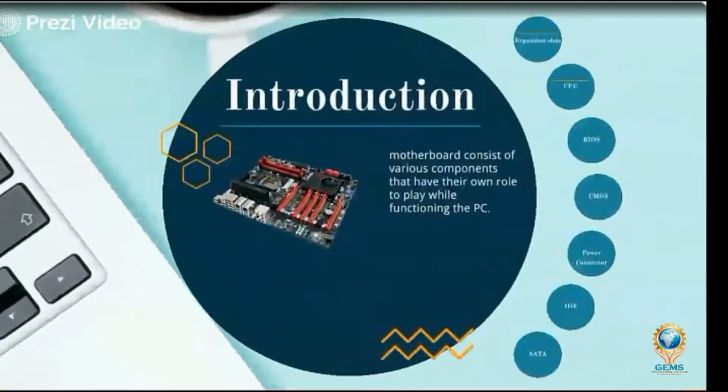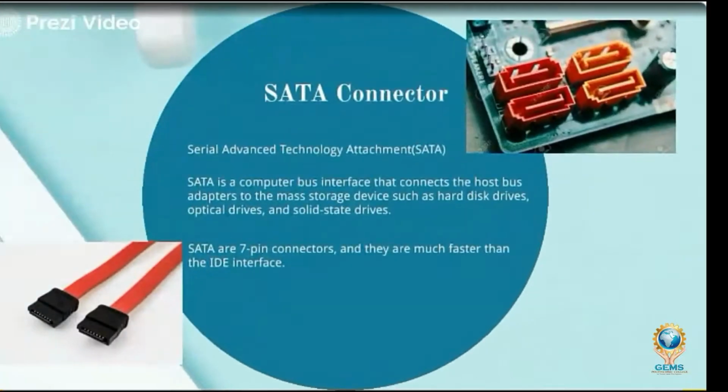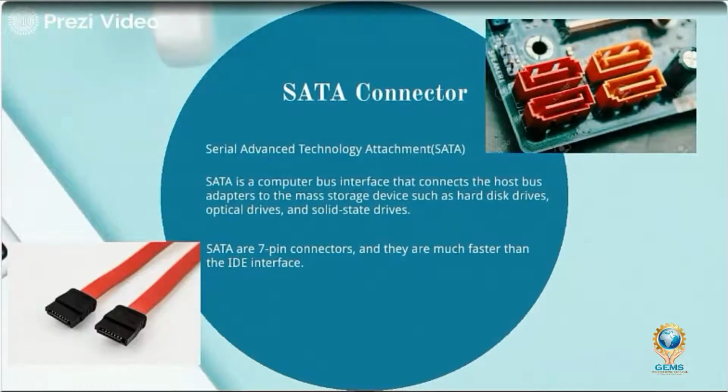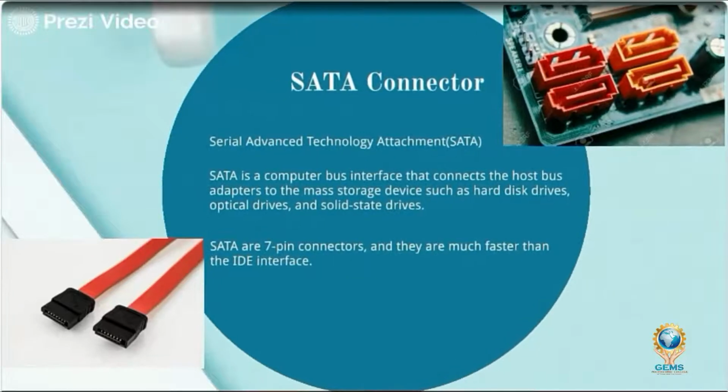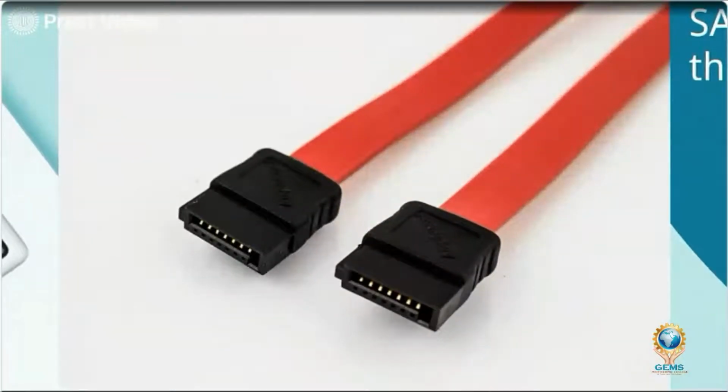And next are SATA connectors. SATA has 7 pin connectors and is much faster than the IDE interface. SATA cables are long, both ends are flat and thin as shown in this figure, with one end often made at a 90 degree angle for better cable management.